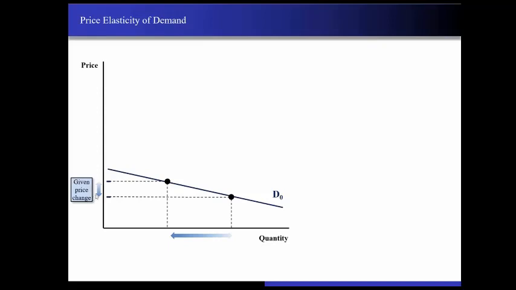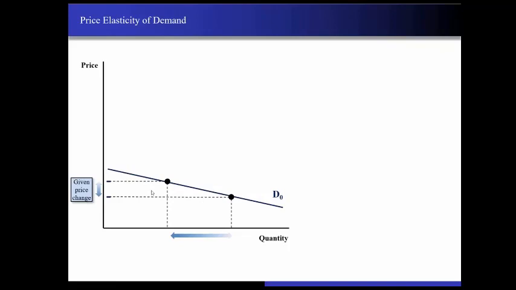This could be something like the yellow and green beans because they're almost identical. You could substitute one for the other. Even a small price change in either of the two will result in the quantity demanded of the one with the price increase falling a lot.